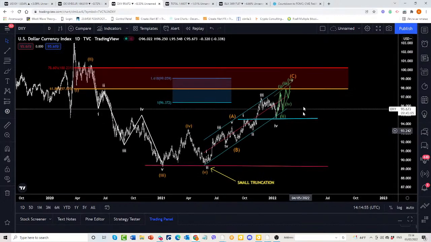So as long as we trade within this area, I'm going to keep this stance. The dollar is going to weaken in 2022 and possibly much over 2023. I see that on many asset classes, on many currencies as well. So potentially in a couple of weeks, we might see that reversal and follow up to the downside.